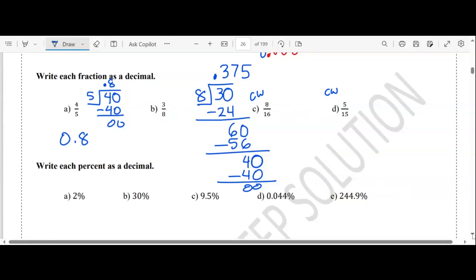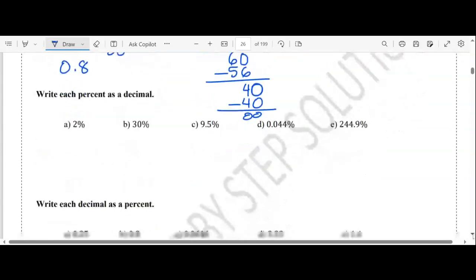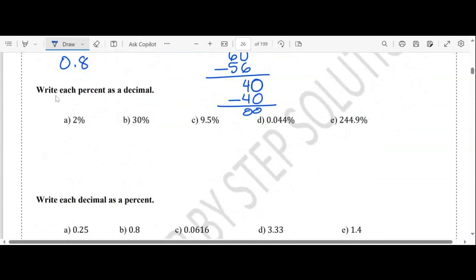Okay? Now, the last thing here, before we leave, write each percent as a decimal. I need to write this as a decimal. This is what percent, correct? 0.3. So I have to divide by what? So the 2, I have to move how many decimal places? 2.